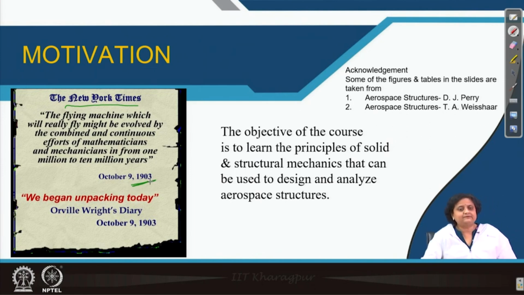This criticism came in the media immediately after the failure of the flight demonstration by Samuel Langley. The Wright brothers used to maintain a diary of the progress and development they made. On October 9, the same day, their diary notes that they started unpacking to build their aircraft, and as all of you know, the first flight happened just a few months later, on December 17, 1903.